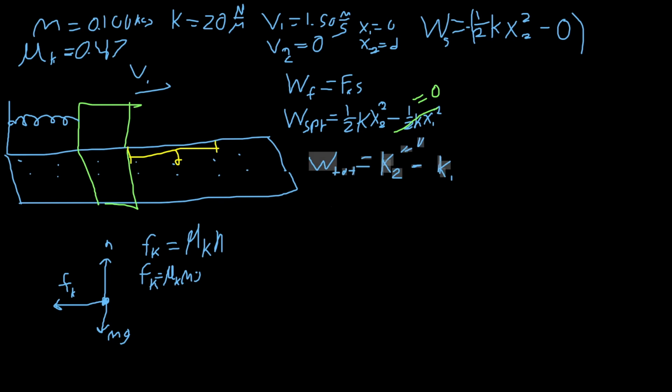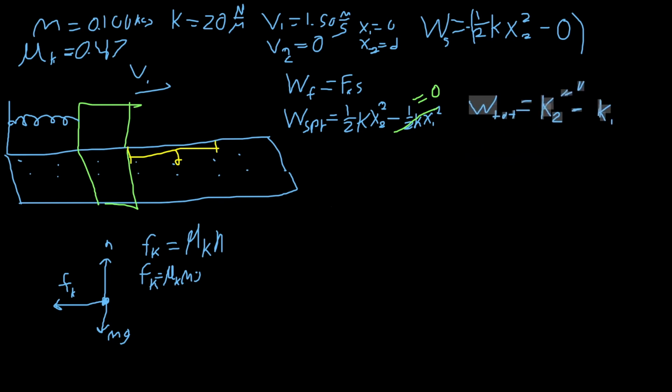Let's move this up here so we have some more space. The work of friction is going to be negative since it's acting backwards, as we can see. So you have work of the spring minus the work of this friction equals the negative of our kinetic energy here.